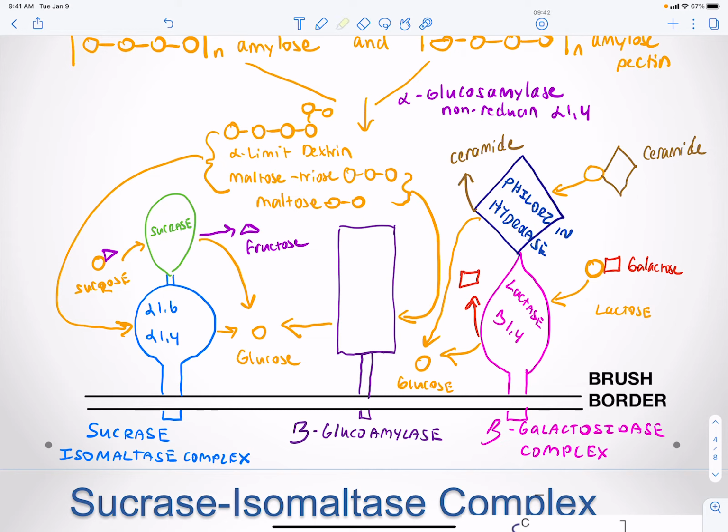Now we have done this and we have generated our 3 monosaccharides, our galactose, our fructose, and our glucose. And these are the 3 that are going to get absorbed.